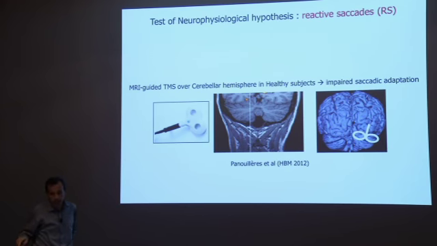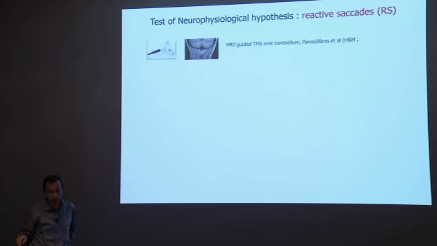And we demonstrated that when we applied single pulse TMS on the lateral cerebellum, we can induce impairment of saccadic adaptation. So this is the first study showing that cerebellar areas outside of the medial part of the vermis could be involved in saccadic adaptation.